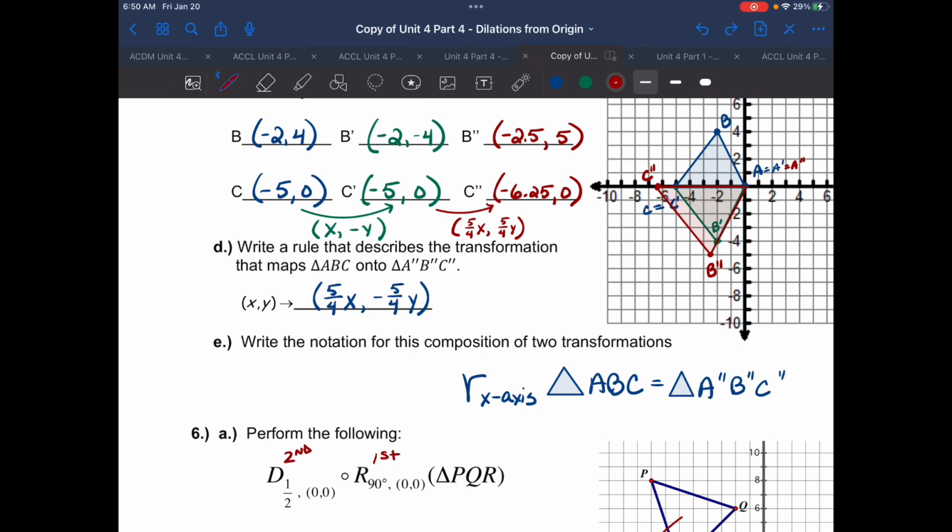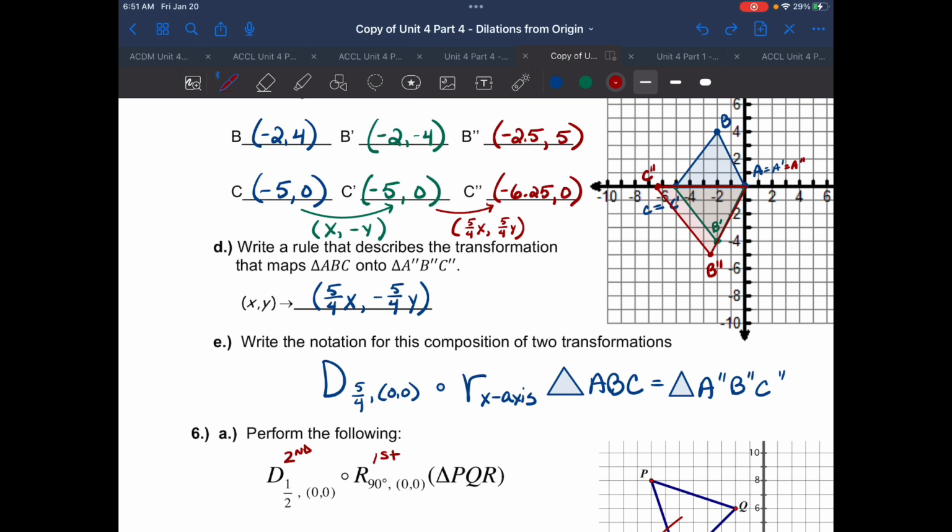But if you remember, we have a second one, and if you want to, you can use parentheses. Remember, we use nested parentheses, but I'm going to use that little open circle thing. So I'm going to put my little circle, and then we're also going to do this second one. Just like we've seen in the past, that would be your first transformation, and this would be your second.